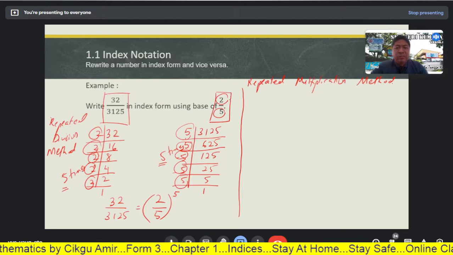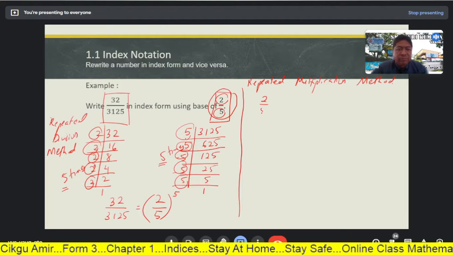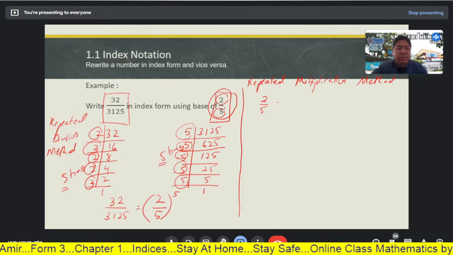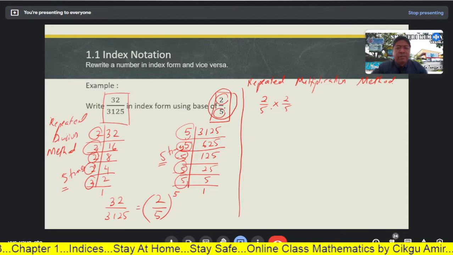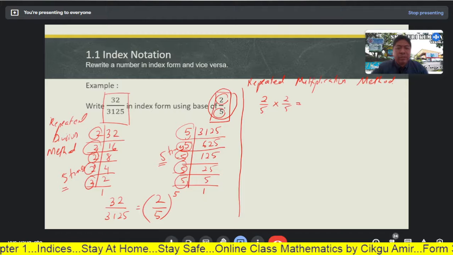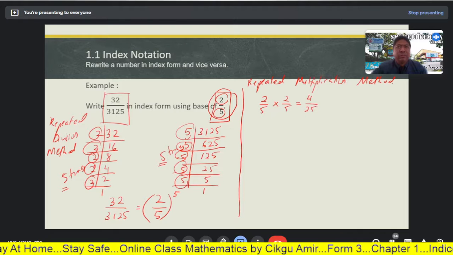We have 2 over 5. Multiply with 2 over 5. 2 over 5 multiplied by 2 over 5, you have 2 times 2 is 4, 5 times 5 is 25.